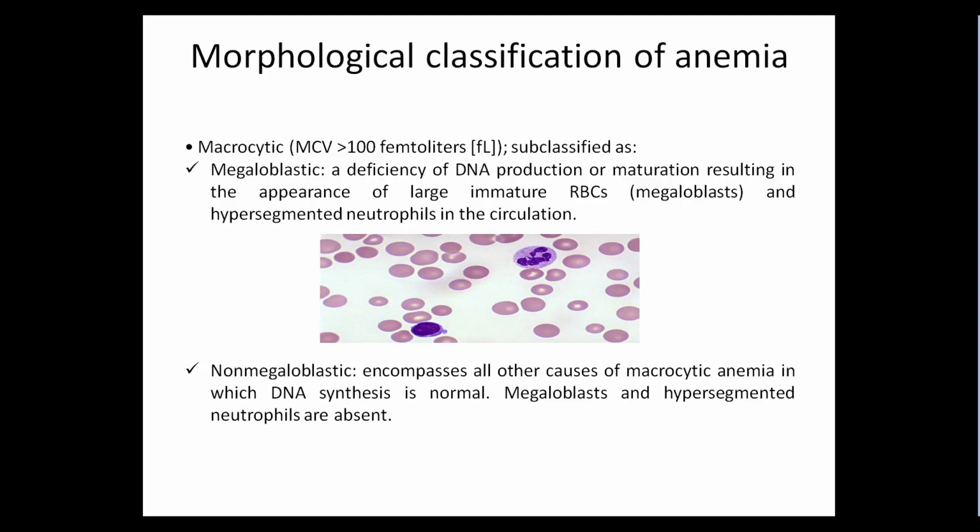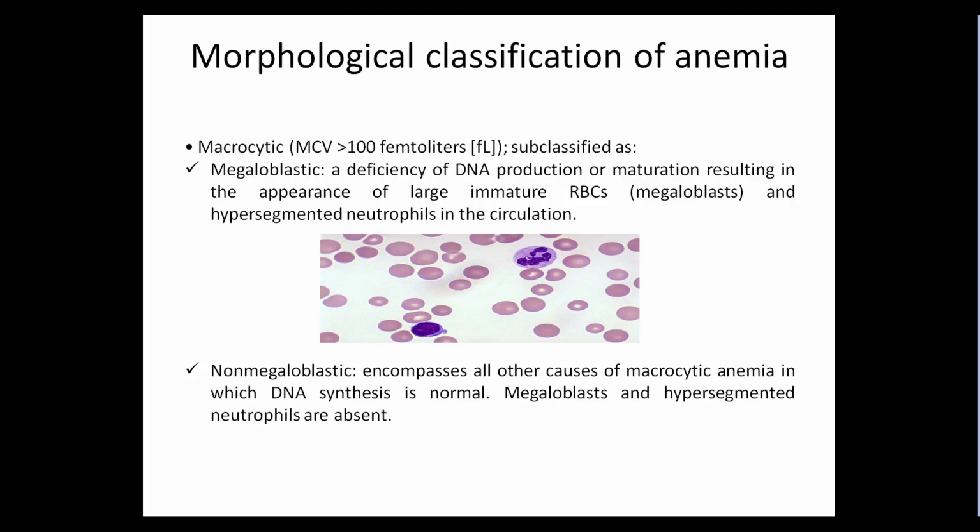And macrocytic anemia is classified as megaloblastic, a deficiency of DNA production or maturation resulting in the appearance of large immature red blood cells, megaloblasts, and hypersegmented neutrophils in the circulation, and non-megaloblastic, which encompasses all other causes of macrocytic anemia in which DNA synthesis is normal.